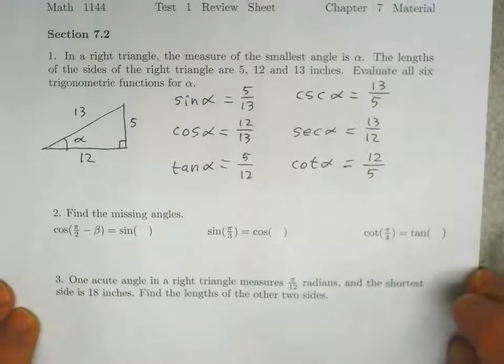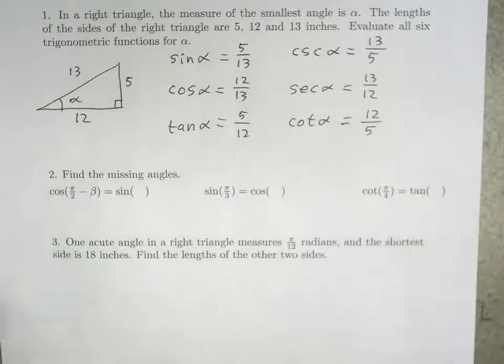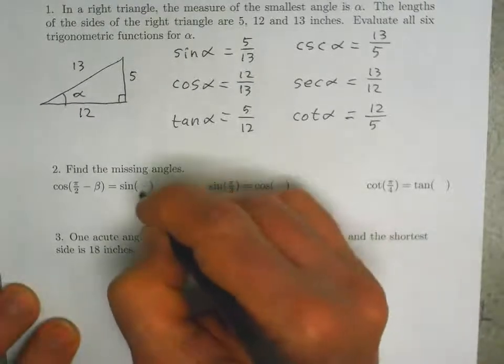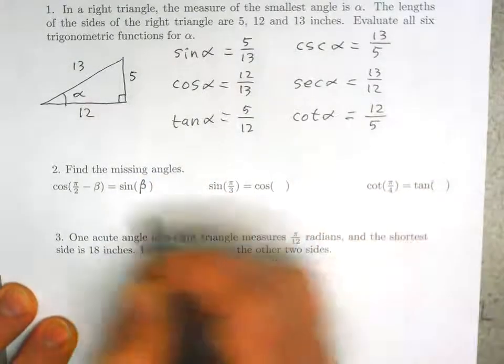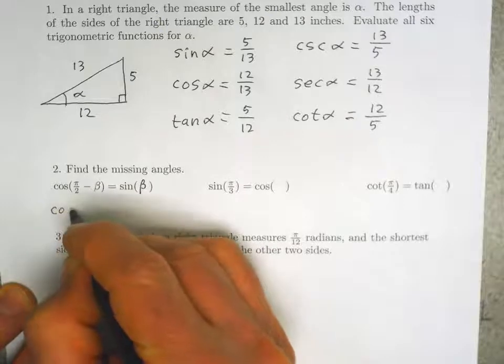Okay, for the next exercise, find the missing angles. Cosine of pi over 2 minus beta equals sine of beta. So remember the cofunction identities.